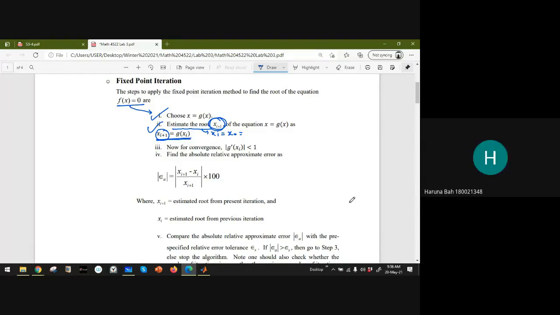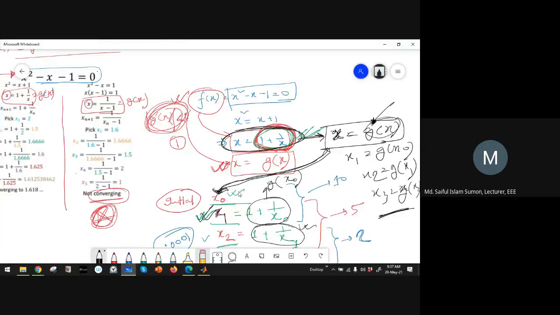Yes, sir. Then it's important to check whether this condition is being fulfilled or not. Why? Because if this condition is not fulfilled, then I will go for iteration one after another, but I'm not going to get my solution. If you observe here, at first it was 1.6, then 1.66, then 1.5.